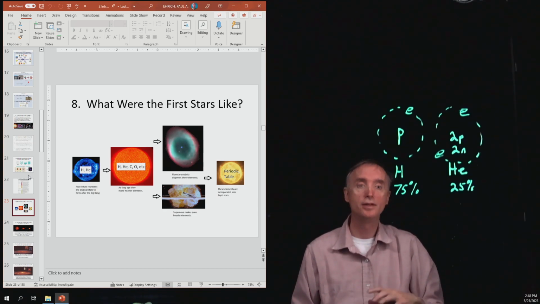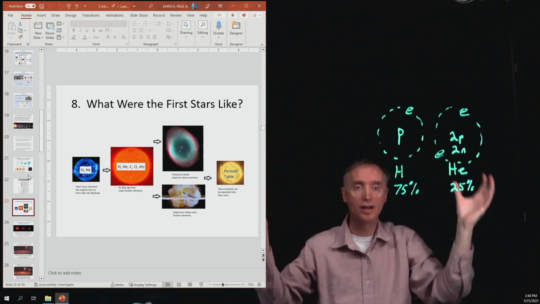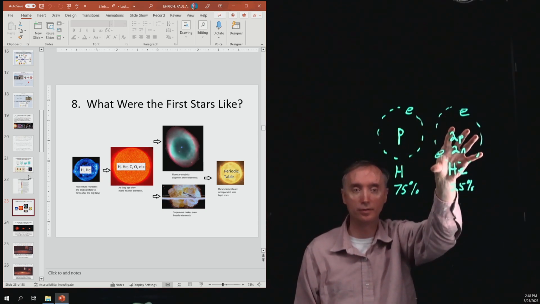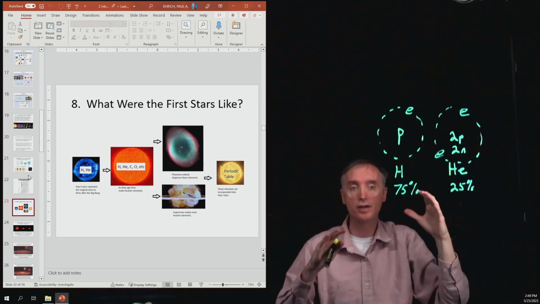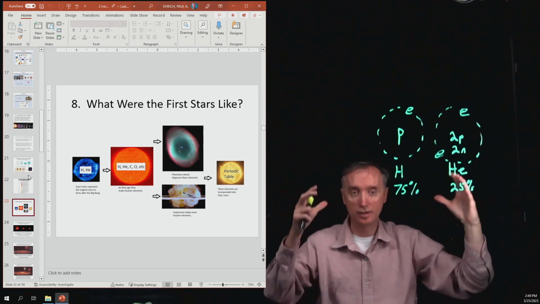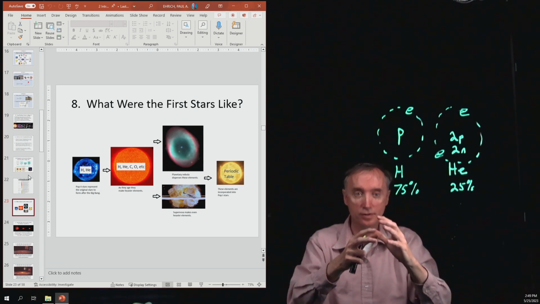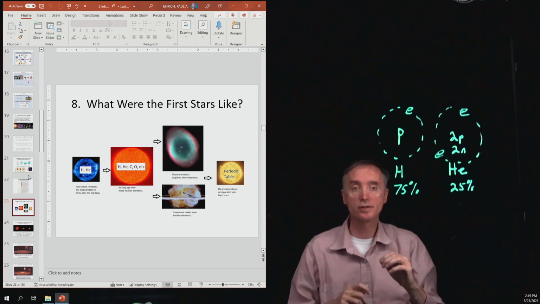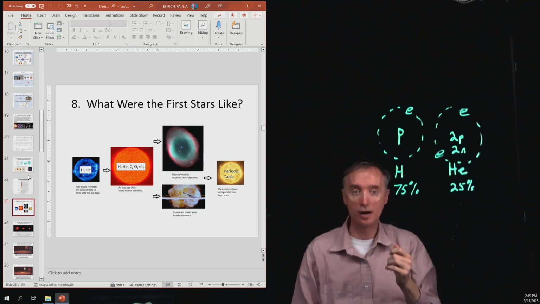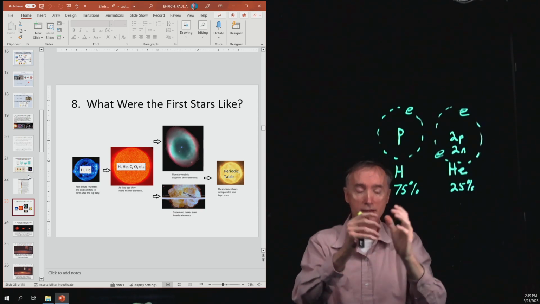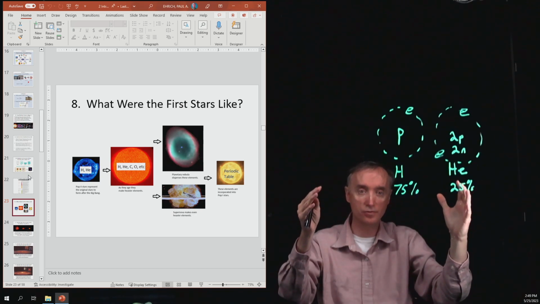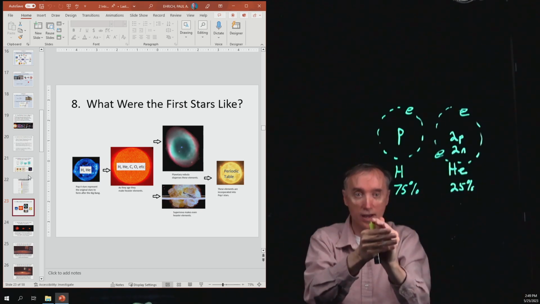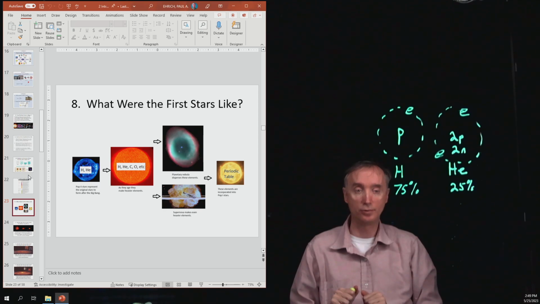So we said that after the Big Bang, there were these gigantic clouds of hydrogen and helium. And so because of gravity, they started to collapse, and as they're collapsing, their temperature goes up. If something expands, its temperature goes down. If something contracts, its temperature has to go up.